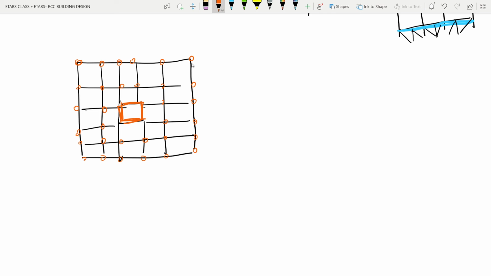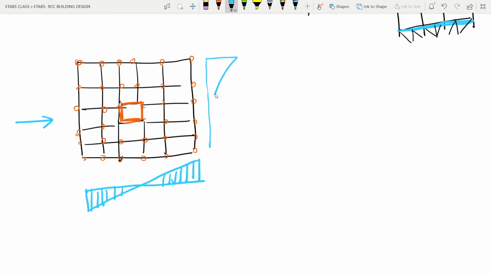Now what is the problem? If you see the stress distribution, it will be something like this for force coming from this direction. And for the force coming from this direction, it will be something like this. Similarly in this and the other direction also.